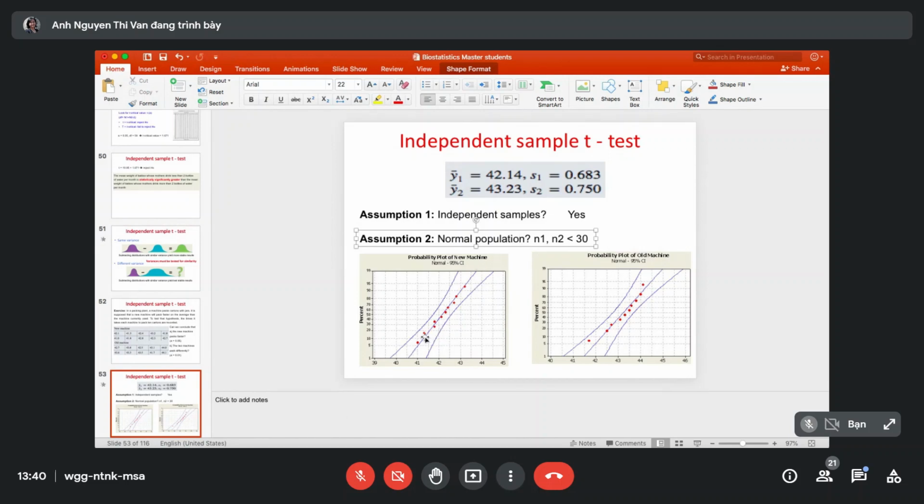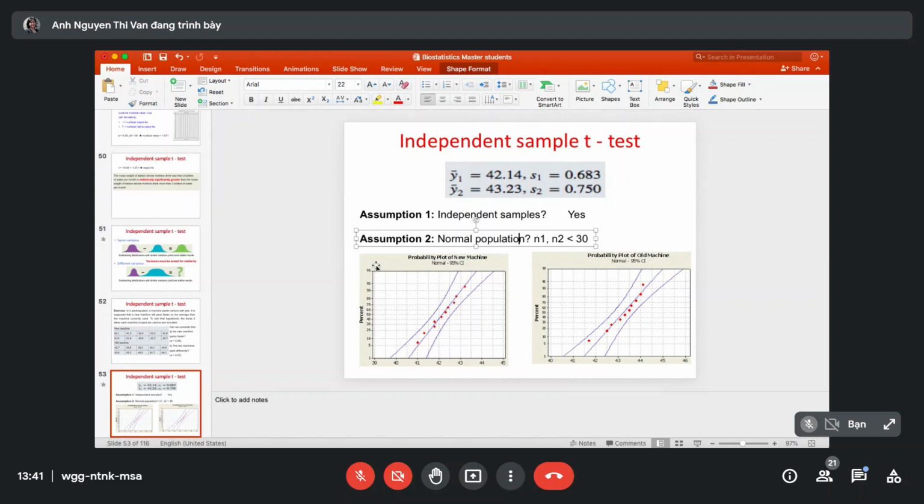And if you look at this box plot, what can you say? The values of the 2 groups follow the normal distribution. Why? Because the dots are on the line, or close to the line, okay? Not really on, but they are close to the line, so we can assume that they follow the normal distribution, okay? Yeah.